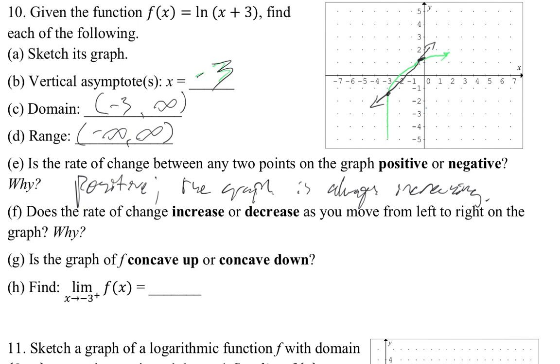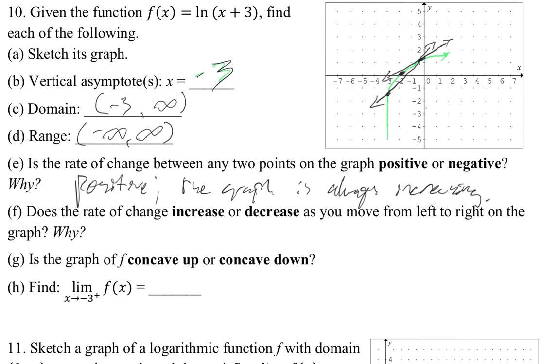Okay. Does the rate of change increase or decrease as you move from left to right on the graph? Why? Well, think about this. Here's the rate of change here, right? Well, let's move further to the right. Is this slope larger or smaller than the other one?